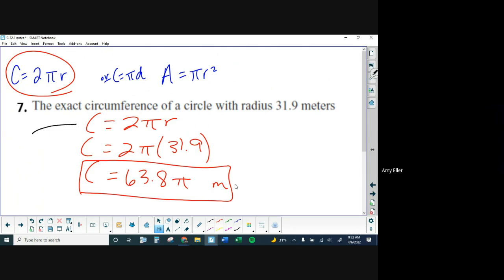Same steps. Pick your formula. Plug in any numbers you know. I know radius. It says exact, so I just write pi, and I type in 2 times 31.9.